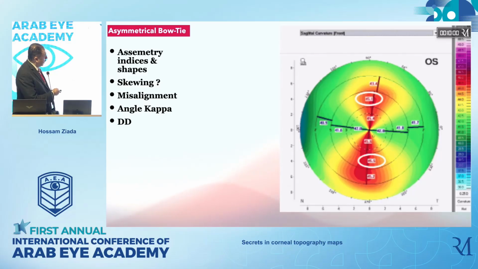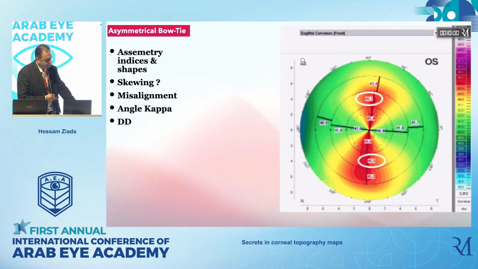But please keep in mind that the inferior steepening should be an alarming sign, whatever the difference, even if less than 1 diopter, until you can explain it clinically or by other investigation. But in the central 3 millimeter, you have to find them equal with no difference. If the difference is 0.5 diopter or more, please think again and ask for more investigation for this patient.